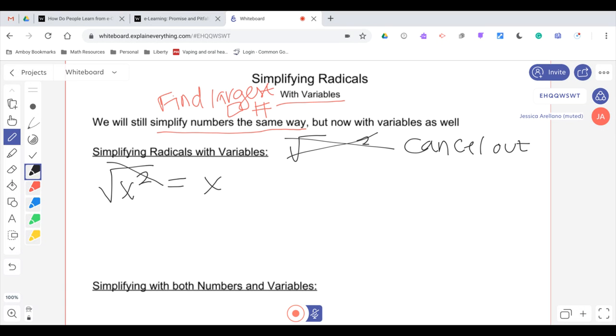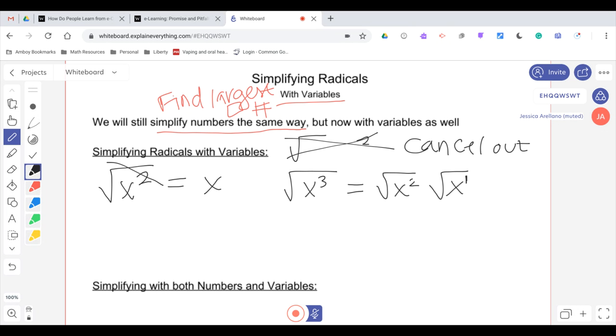So let's say I had the square root of x to the third. Well, an exponent of 3 means I can have 1 x squared, and there will be an x left over. So this is 1, 2, 3. You can even put the 1 here if it makes you feel better.